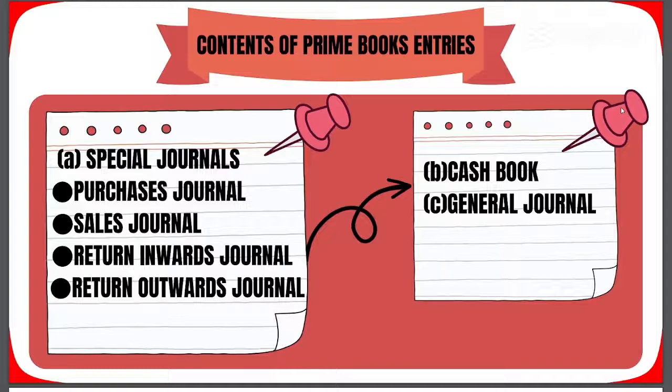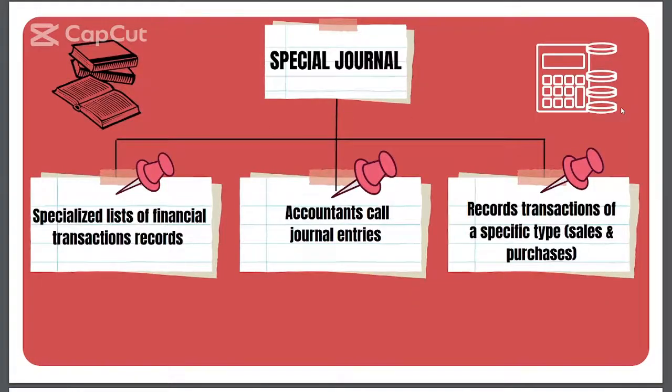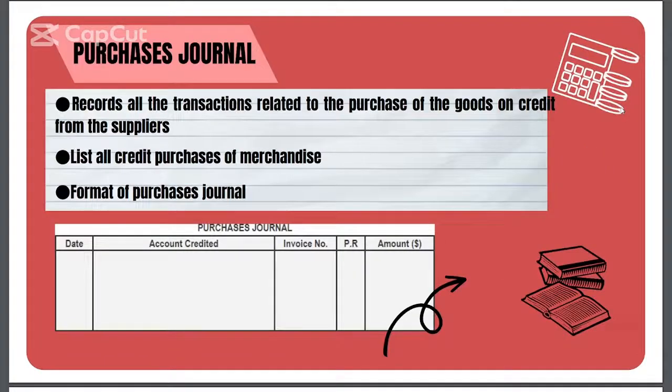For the next explanation, I will explain the purchase journal. The purchase journal is used to record all transactions of purchases of goods on credit from the supplier. For the format: the first one is the date, to record the date of the transaction.